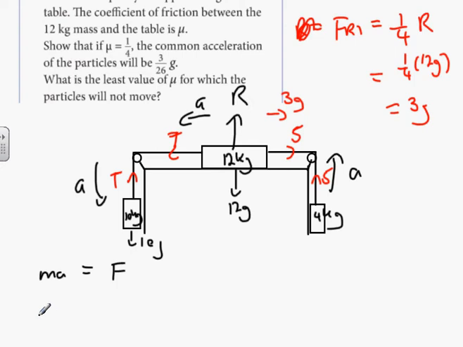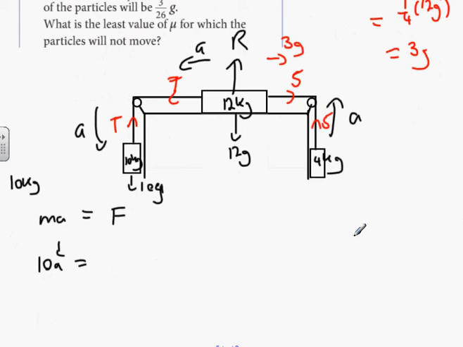So it's 10a going downwards. What else can you tell me about what other forces are going downwards for the 10 kilogram mass? Sorry? 10g, acceleration due to gravity. 10g going downwards. What's going upwards? Minus T going upwards. There's your 10 kilogram mass done.